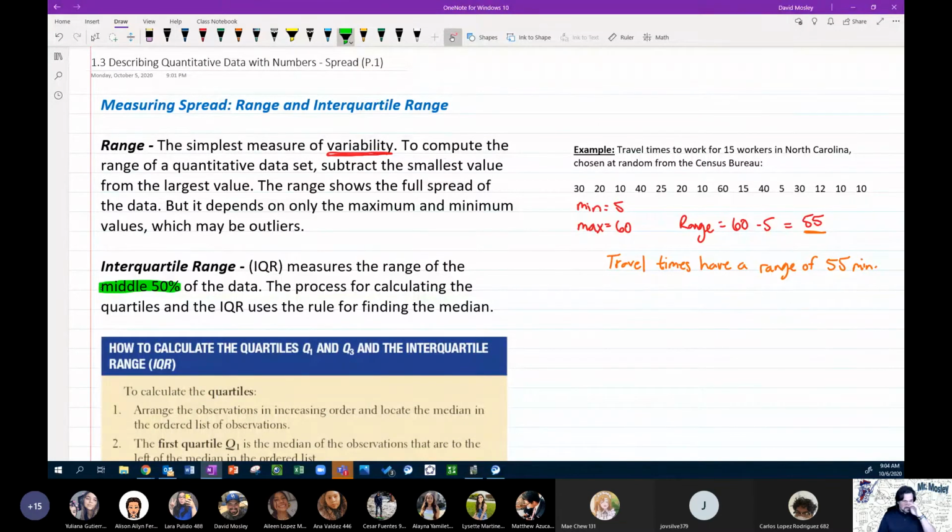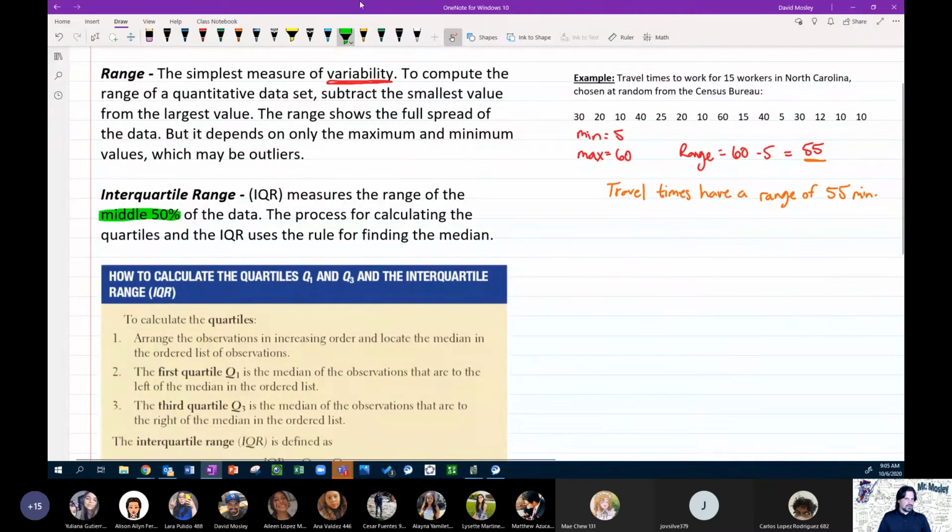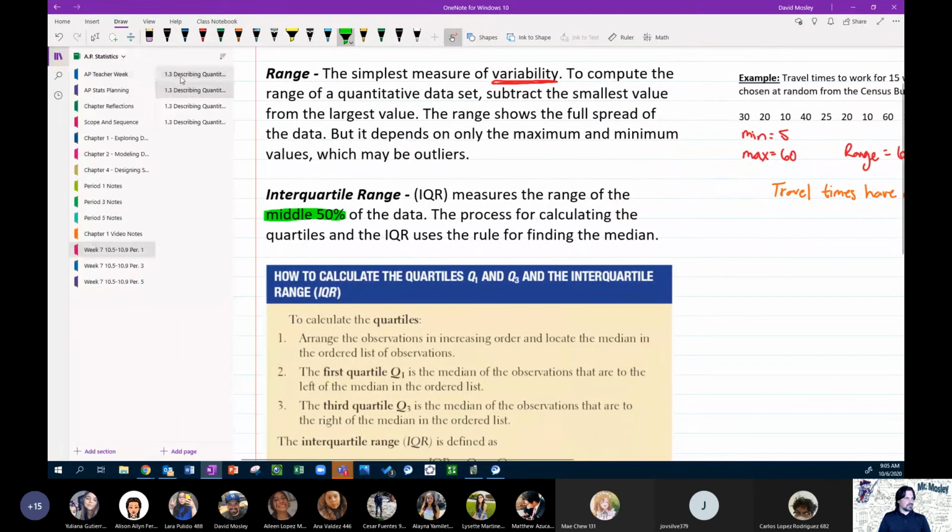All right, so let's see. Again, we had this example. Let me do this real quick. I want to hold this.